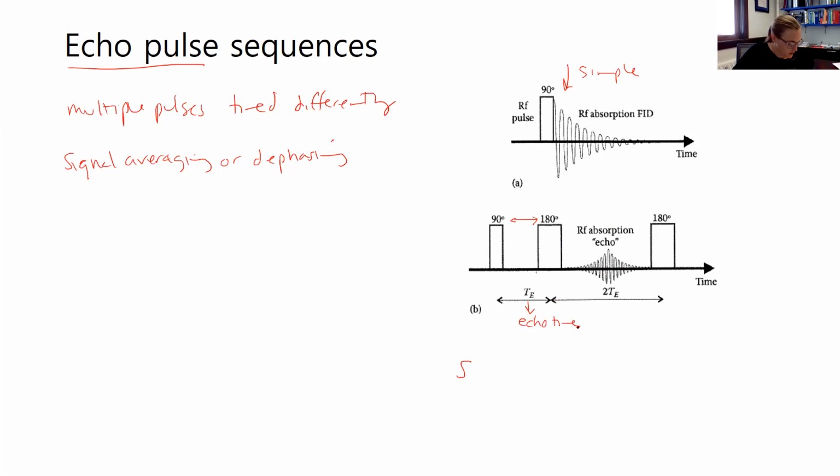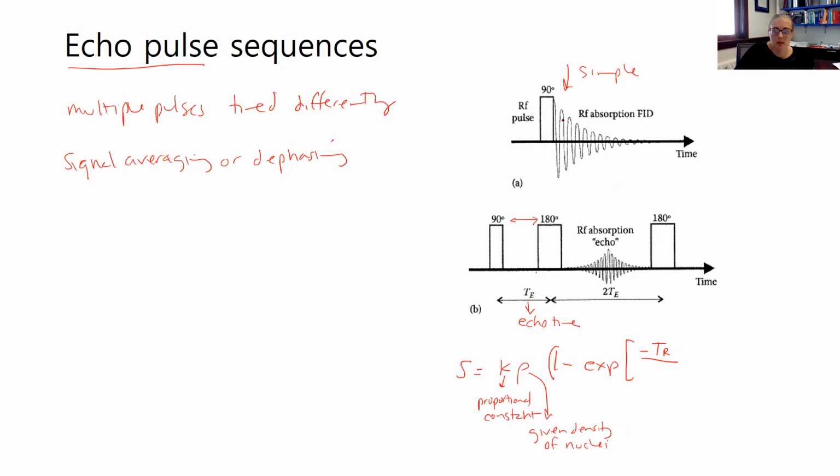And your signal can then be related to some proportional constant, based on this rho, which is going to be a given density of nuclei. And the Fourier transform of this type of pulse sequence, this echo pulse, would be 1 minus the exponent of your repetition time.